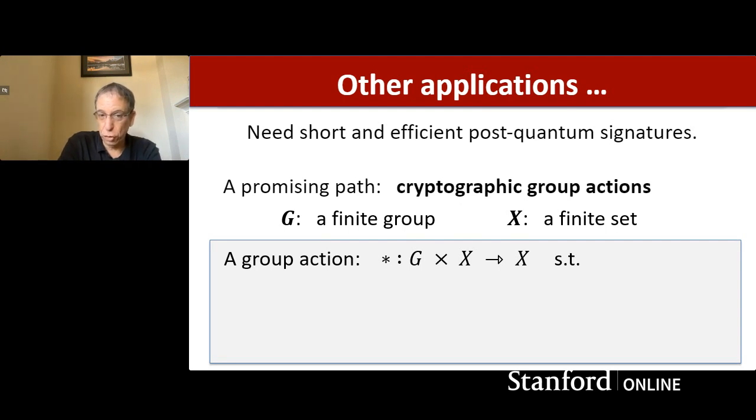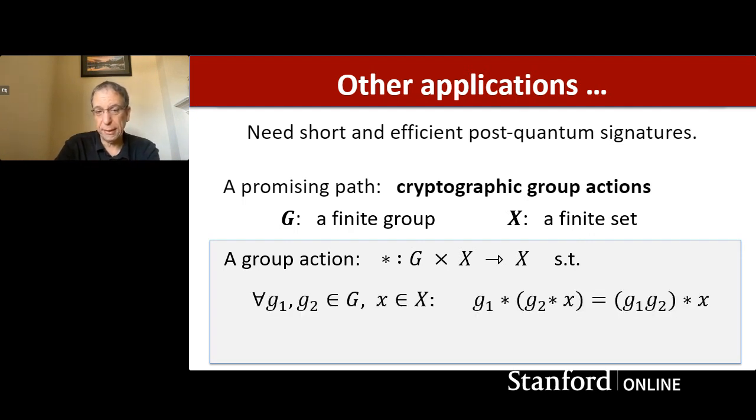This group action takes a group element and an element from the finite set, and it outputs an element from the finite set. So a group element acts on an element in the finite set, and it outputs another element in the finite set. Now, of course, it has to satisfy some properties. The properties are basically that the group action is compatible with the group operation. What does that mean?